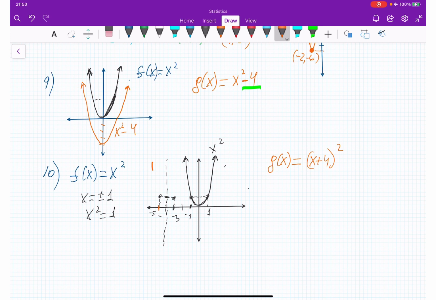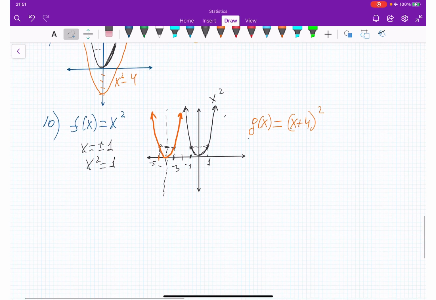Wish me good luck. Not bad, not bad at all. And so this is x plus 4 squared. Okay? Moving to next question. This is question 10. Moving to next question.